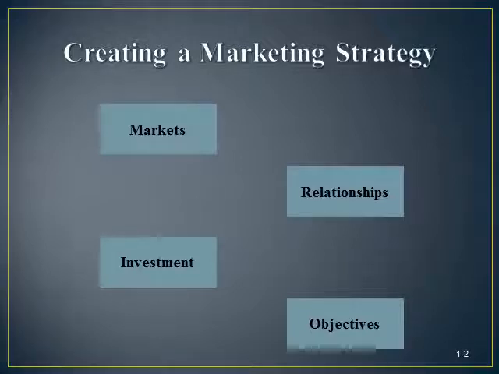We can also consider the relationships, what types of relationships we are planning to form and with whom, the investment, what level of investment will be required, and how we will be locating and allocating the needed resources. And finally, the objectives. What are the detailed objectives and action plans that we are going to achieve?